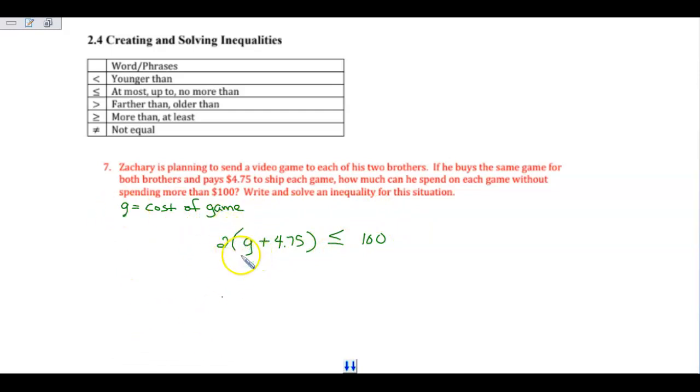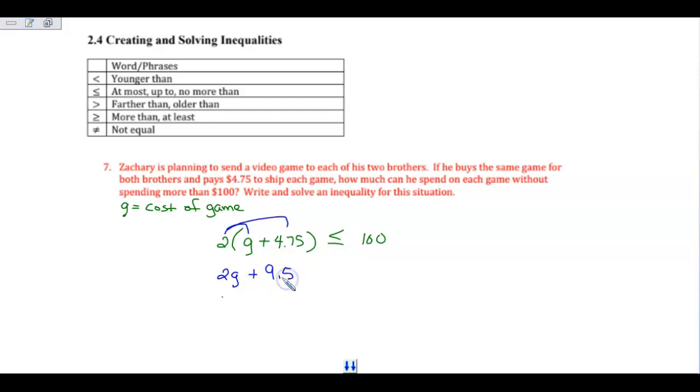Well, the first thing I see is that I have distributive property going here. So I'm going to distribute the 2. 2 times G is 2G. And then I'm going to distribute the 2. So 2 times $4.75 is going to give me $9.50.